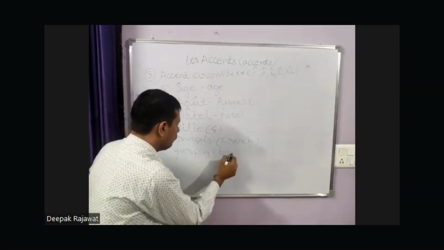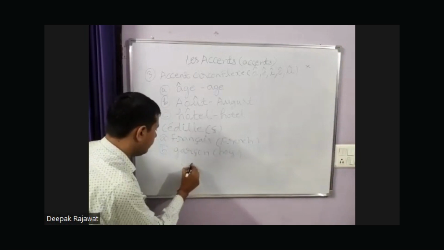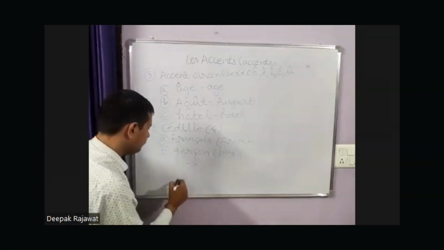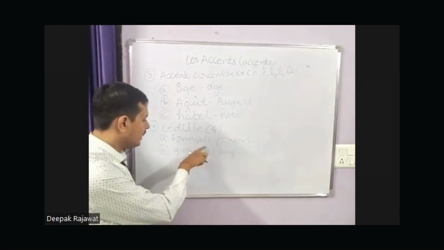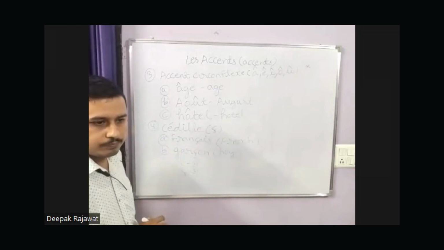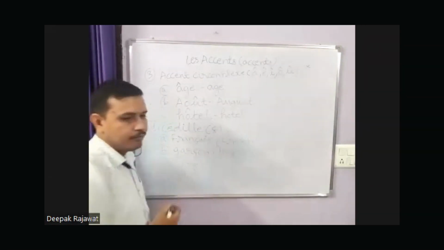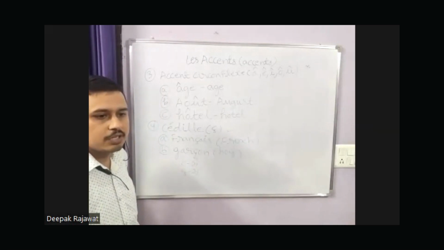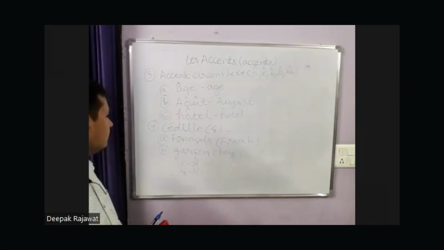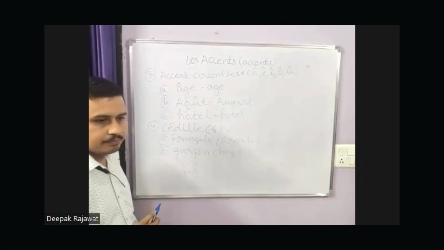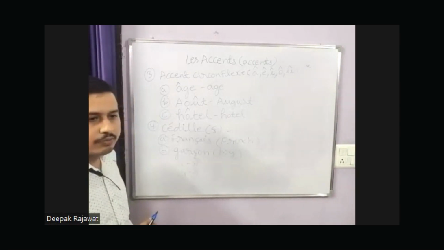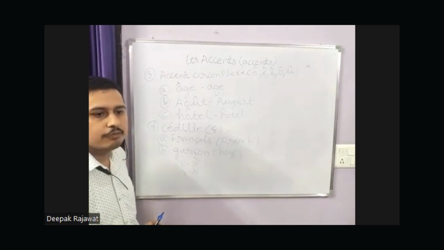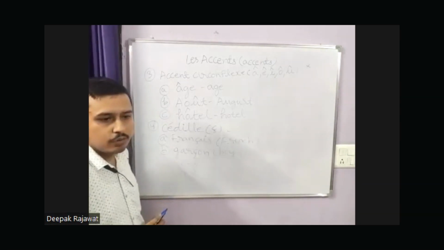So this 'say' becomes 'so'. Français, garçon. So when we put this accent, it affects the pronunciation of the letter C. This fourth accent is called cédille and it is put on letter C. Examples we have done: français is French, garçon is boy.